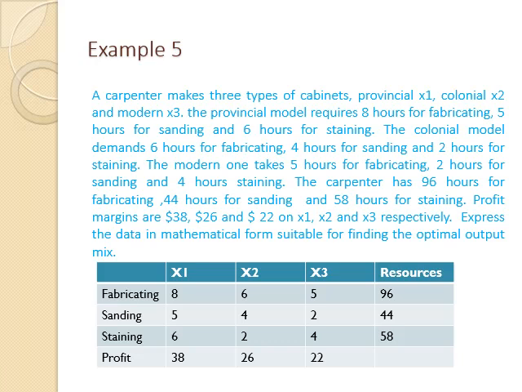Example 5 gives $38 as the profit of 1 unit of provincial, $26 for colonial, and for modern is $22. That means the coefficient of X1 is 38, the coefficient of X2 is 26, and the coefficient of X3 is 22.